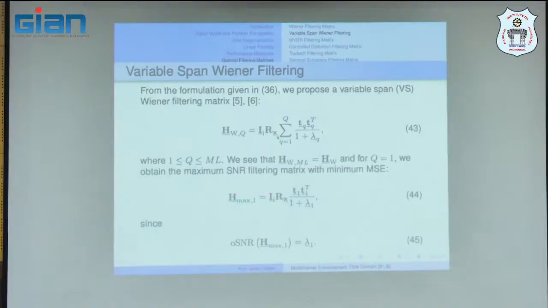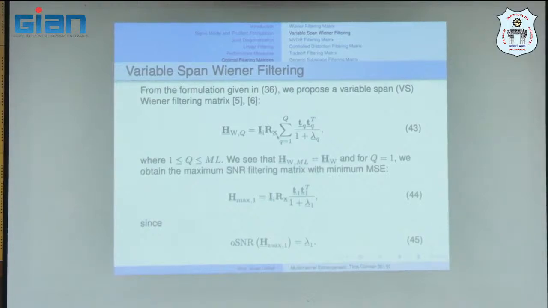But this is one form. We will see that we have other forms. Remember that with the maximum SNR filtering, just like the single channel, we have an additional degree of freedom. Over there we had a variable zeta. So also here we have an additional degree of freedom.